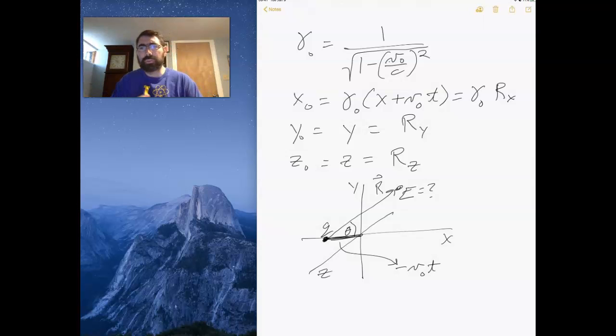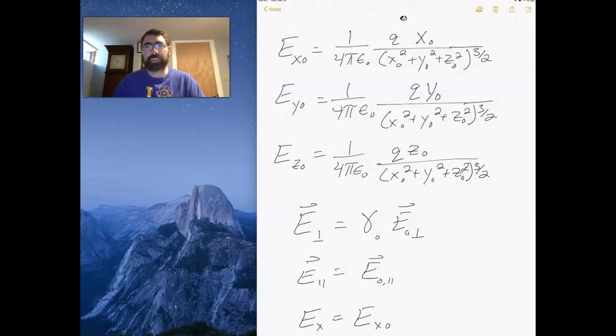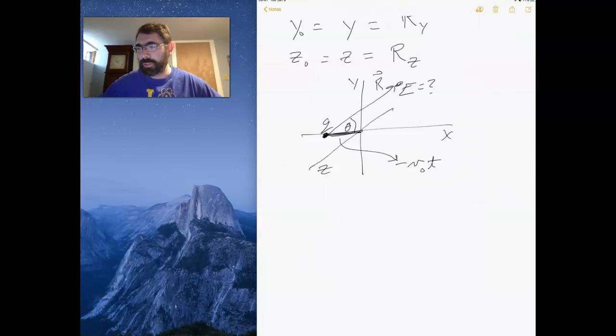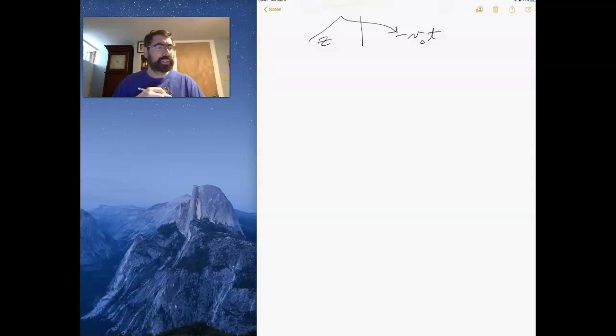Okay, so now let's rewrite those electric field components right up here, not in terms of x's, y's, and z's, but in terms of r's. And so we'll now write it for what I guess we would call the S bar frame. So basically we've moved into a frame where the charge is considered stationary and the frame itself is moving with a velocity v0.